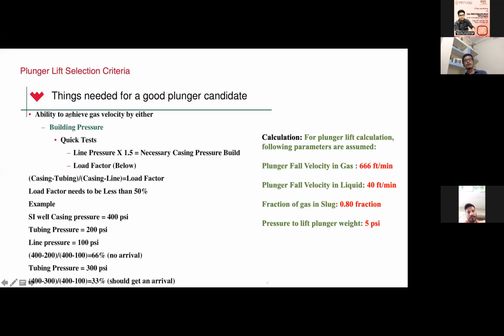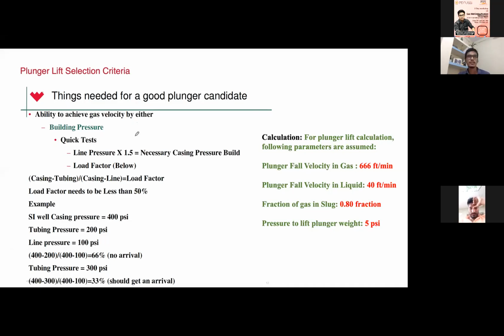And for selecting wells for completing with plunger, you require some casing pressure, which will decide whether your plunger will reach the surface when you open the motor valve.